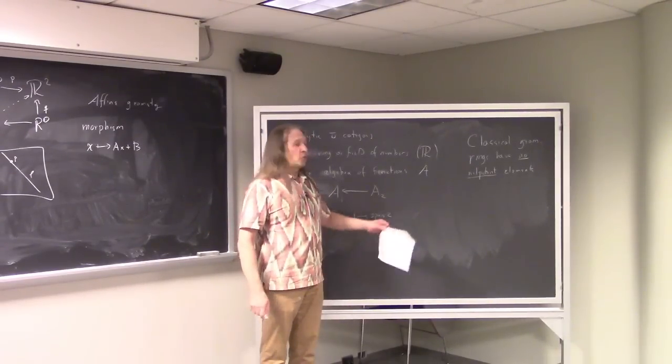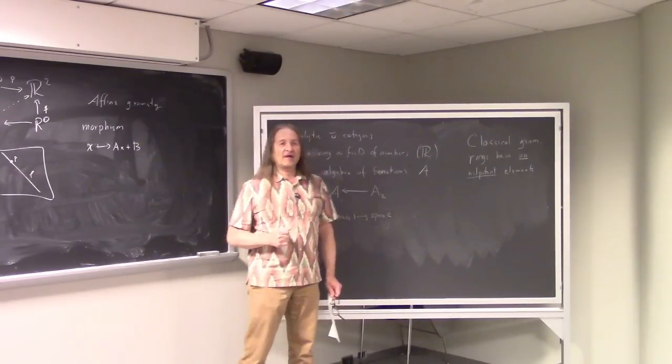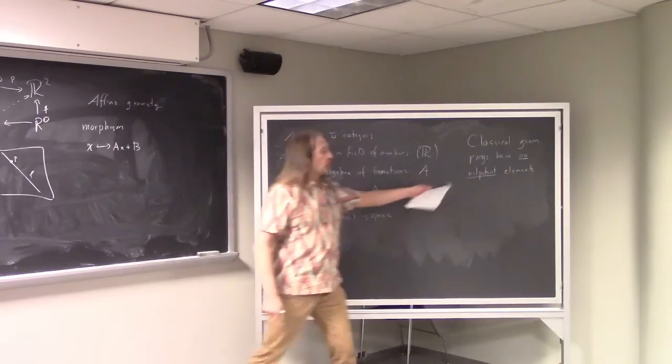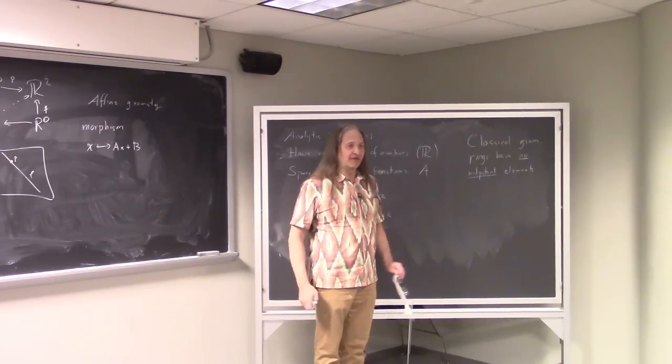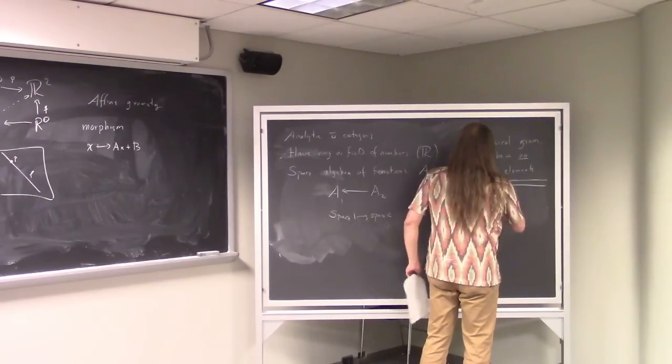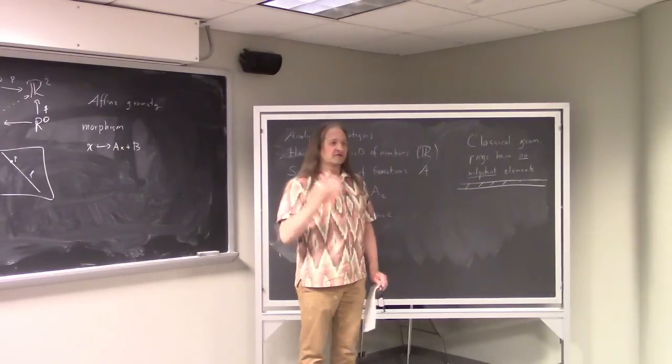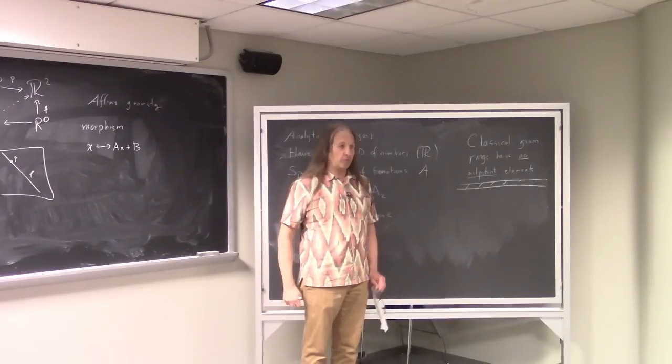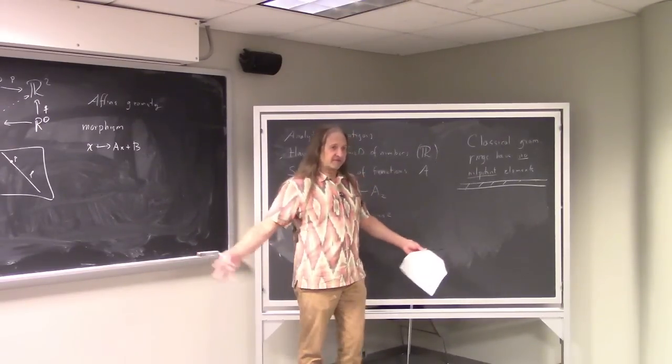So the question is, if we buy that, what have we gained? What kind of new spaces do we get? The old ones were ones with no nilpotent elements, so let's take an algebra that has a nilpotent element in it. Here's the simplest example.